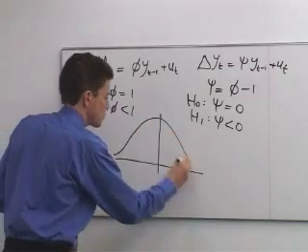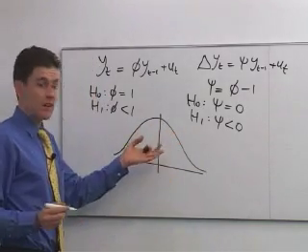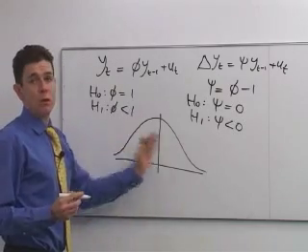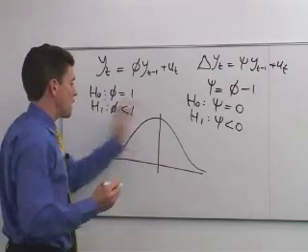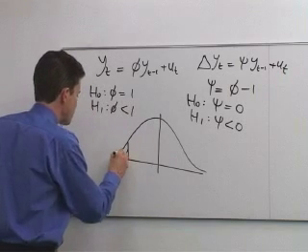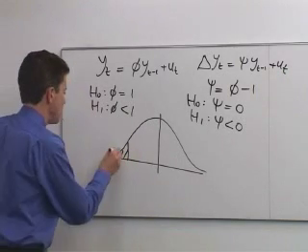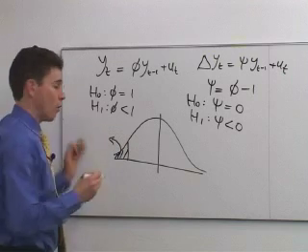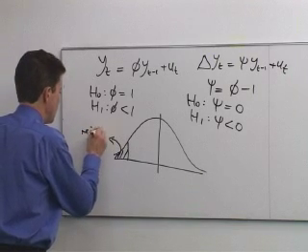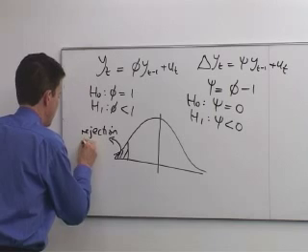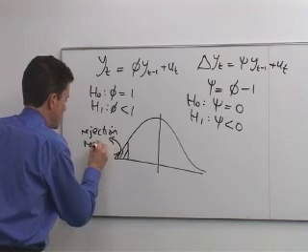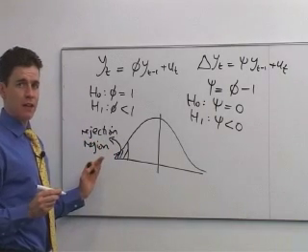So if the distribution of the test statistic looks something like this, and I'm not saying it follows a normal or a t-distribution, this could be any old distribution for now, obviously the whole of the rejection region would lie in this lower or left-hand tail. So this would be the whole of the rejection region over here in the left-hand tail.